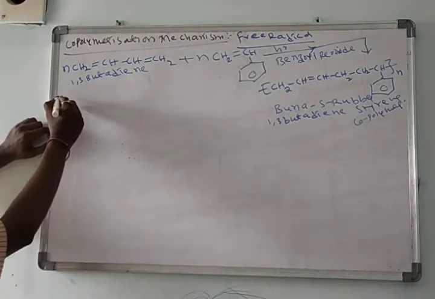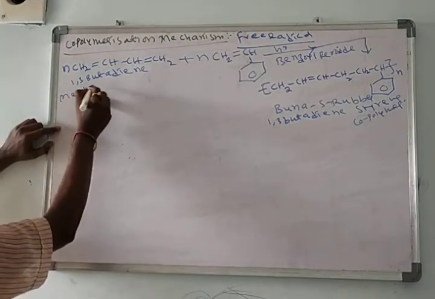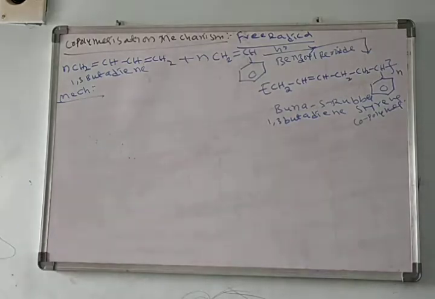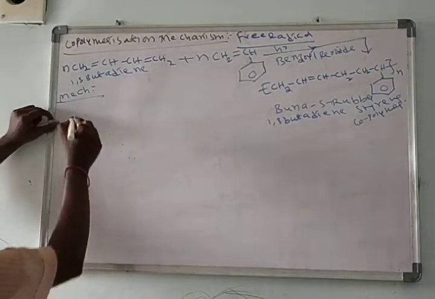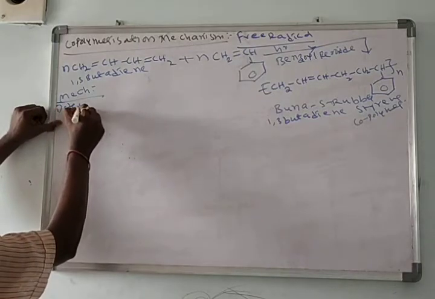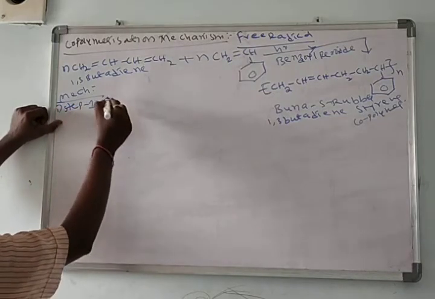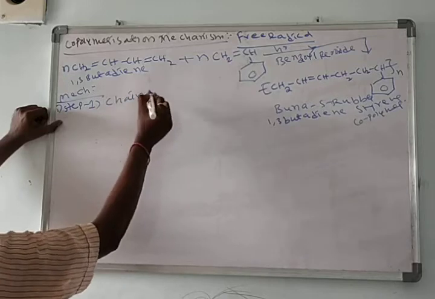Okay, here I am writing the mechanism for this reaction. Already yesterday we discussed free radical polymerization mechanism. All free radical polymerization mechanisms proceed through 3 steps. What is the step 1? Chain initiation step.